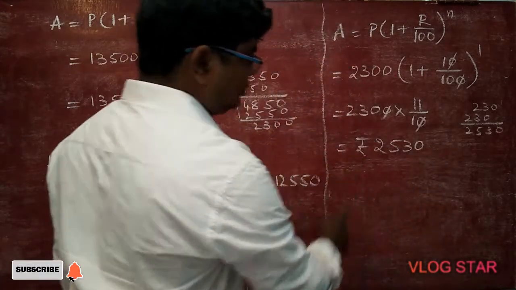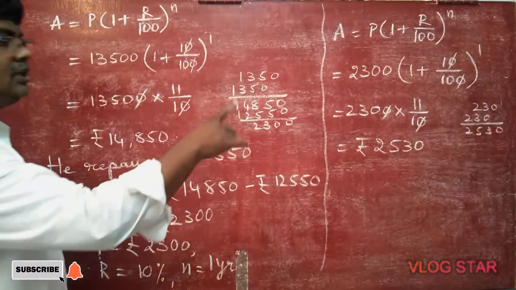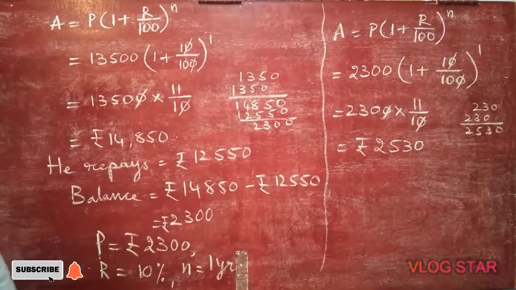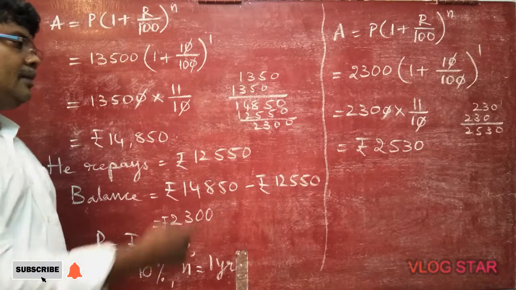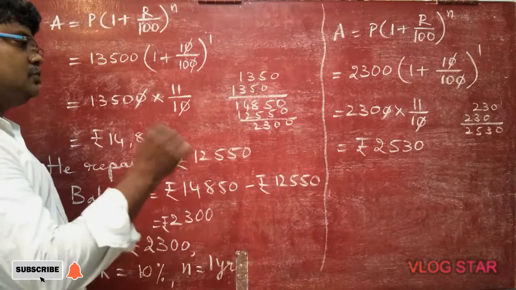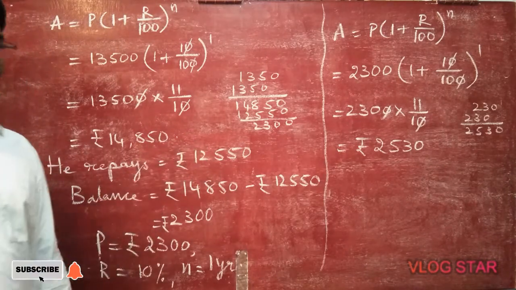This is the amount outstanding at the end of the third year. Write that word: outstanding loan amount is rupees 2,530. Write the conclusion.